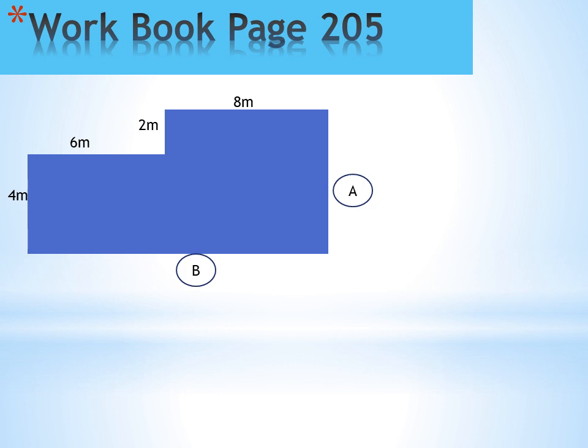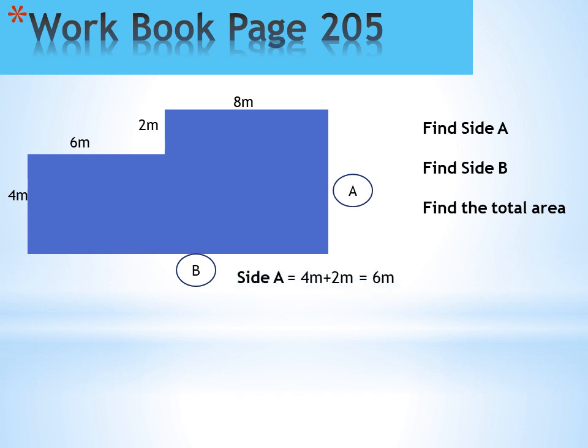What about side B? Of course, it's saying we should find side A and find side B, then we find the total area. So this is our side A. Side A is 6 meter. For side B, we have 8 as a corresponding opposite length, but 8 is not enough.